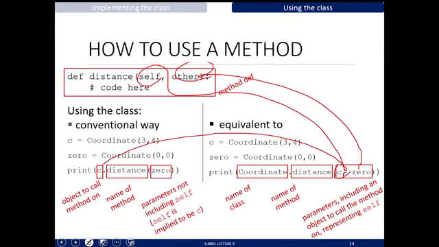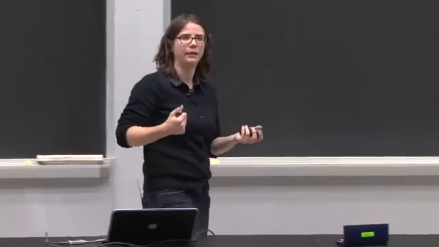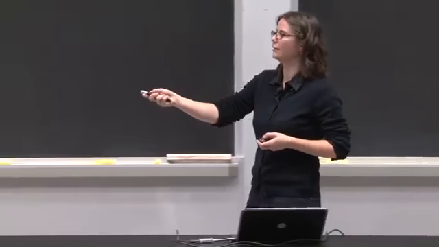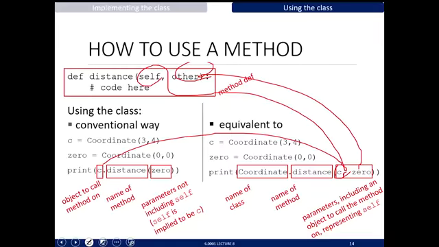And as I mentioned, Python implicitly says if you're doing the one on the left, you can call this method on a particular object, and it's going to look up the type of the object, and convert this on the left to the one on the right. And this is what you've been using so far. So when you create a list, you say L is equal to [1, 2], and then you say L.append(3) or whatever. So we've been using this notation on the left pretty much from the beginning of class.